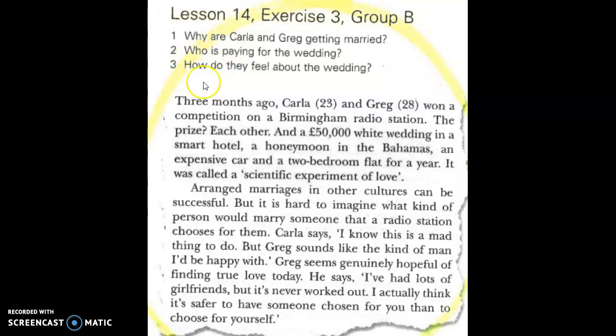So Group A students can now ask Group B students these questions, and Group B can give them the answers. Similarly then, Group B can be given the questions that Group A answered for their reading task, and they ask the students in Group A for the answers to the questions.